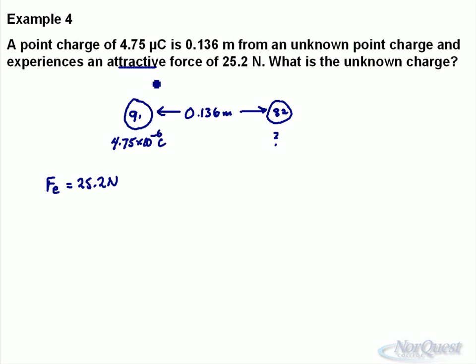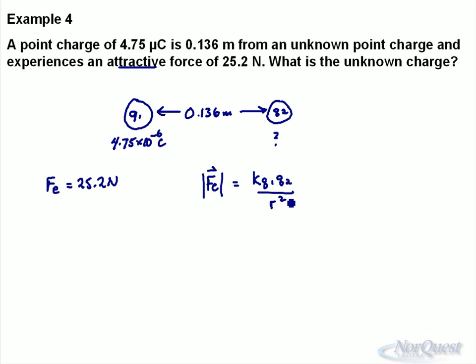So if we put the formula in, Fe, and this is in absolute value symbols, and the reason why we do that is we're just looking for the magnitude. We use the problem to determine the sign. Fe equals k Q1 Q2 over r squared.